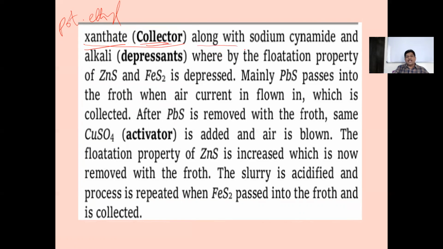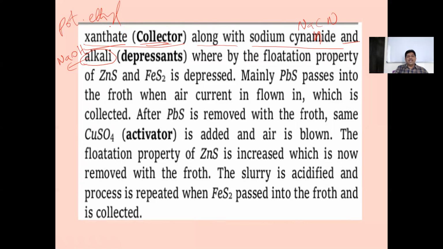Along with what is it added now? Sodium cyanide, NaCN. And what else? Alkali. Alkali means soluble base. NaOH is a soluble base, which is called alkali. So potassium ethyl xanthate, sodium cyanide, and NaOH alkali will be added.